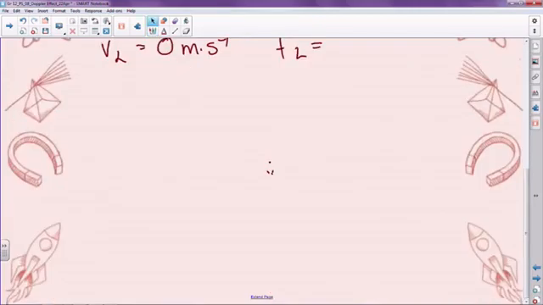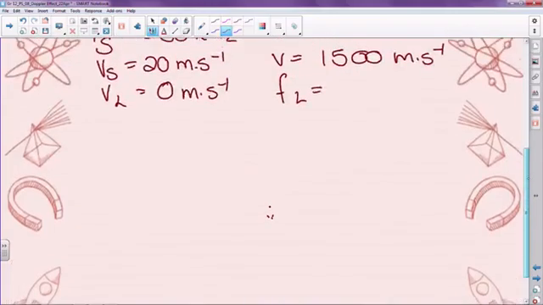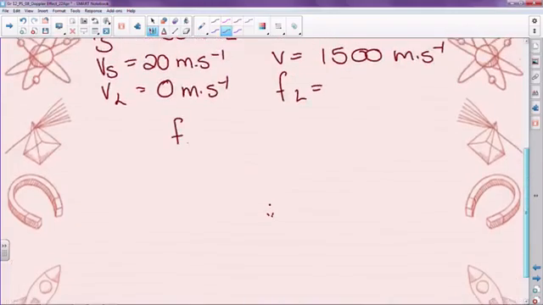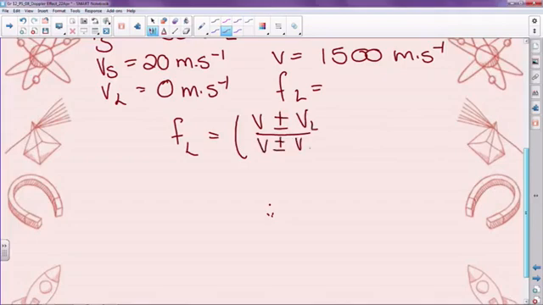Now how do I calculate Doppler? Of course, to calculate Doppler, we need to use our wonderful equation. So we go, observed frequency is the speed of sound plus or minus the observer or listener's velocity divided by the speed of sound plus or minus the source's velocity, times the frequency of the source. Now we want the listener's frequency, so that's what I'm going to work out.